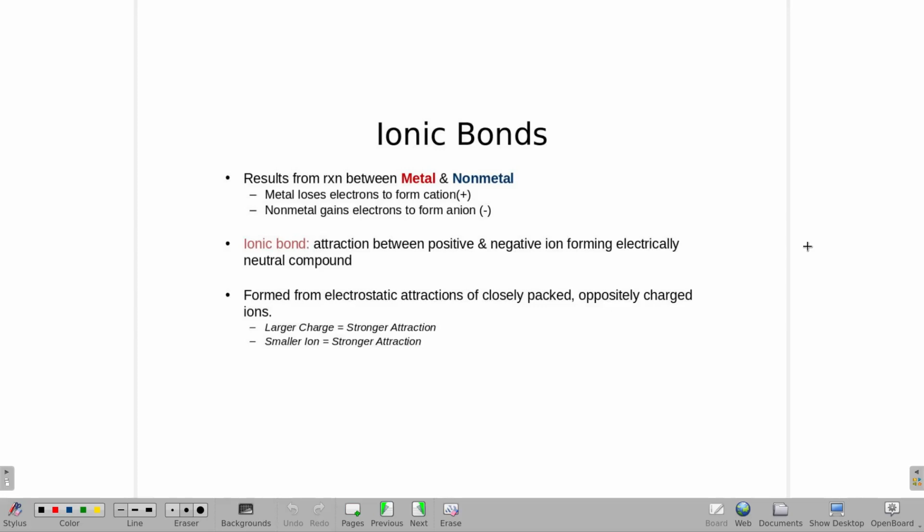So if we were looking at something like sodium and sulfate, for instance, and wanted to make an ionic compound out of them, we would know, since sodium is always a positive one and sulfate's always a -2, sodium sulfate has two sodiums for every sulfate. So we already know that. On our ionic bonds, we just want to say that is because we want to neutralize the charge difference between the cations and the anions.